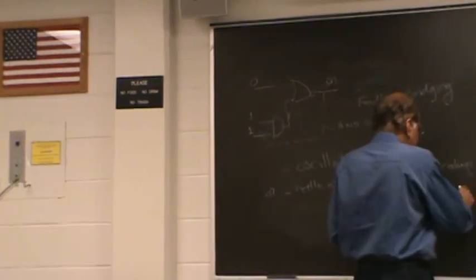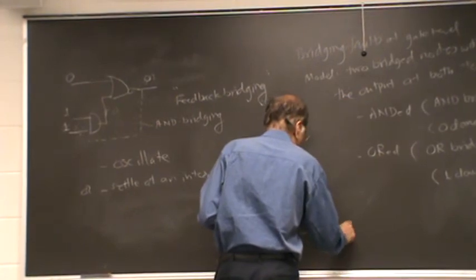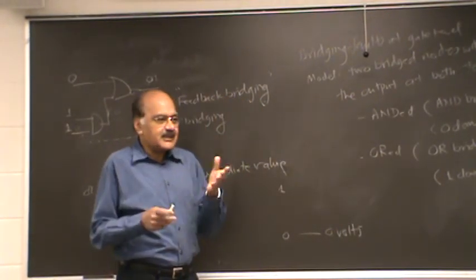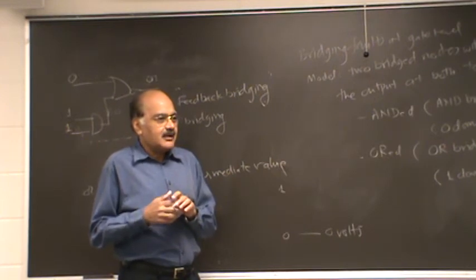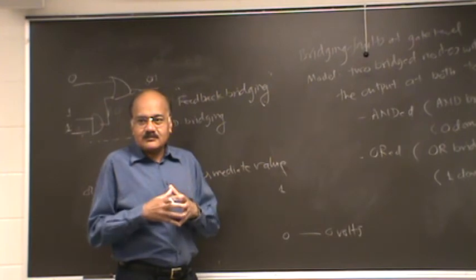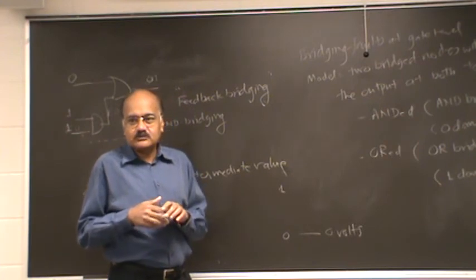Remember, 0 is represented by 0 volts, right? And 1 is represented by, let's say, what is the current supply voltage that people are using? Let's take 1.5 volts, 2 volts.